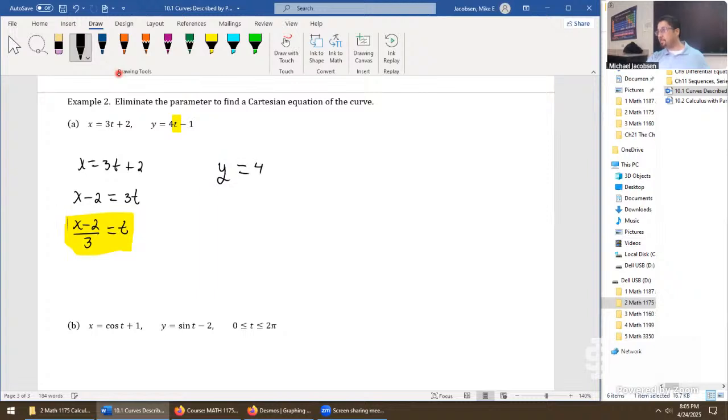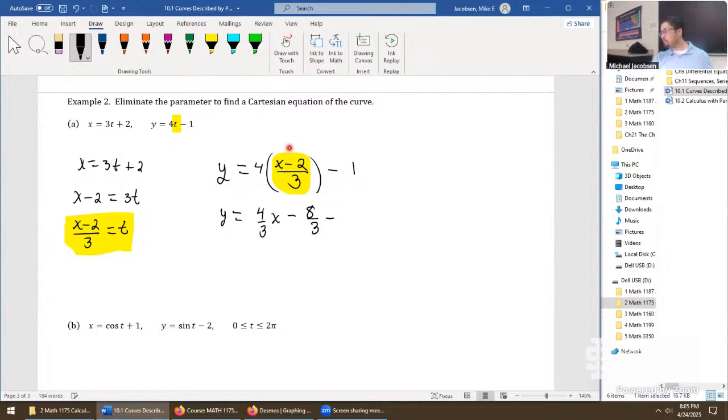So y equals 4 times, here's the value of t we found, (x minus 2) over 3, and then just a minus 1. Let's do just a little bit more algebra. It'd be weird to stop right here. If we distribute 4 and divide by 3, we get 4/3 x minus 8/3 minus 3/3. So y equals 4/3 x minus 11/3.